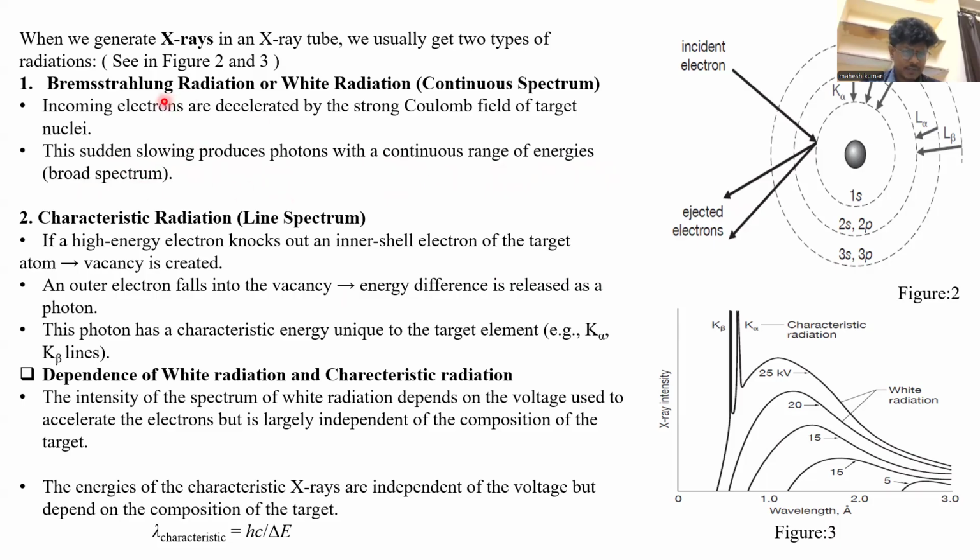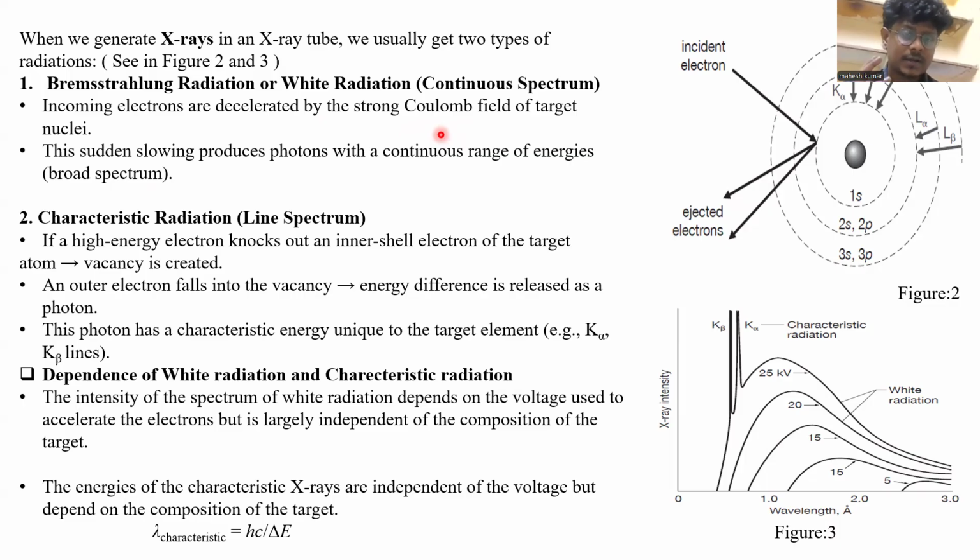Bremsstrahlung radiation is also known as white radiation because it contains almost all types of radiations, like white light. It happens near the anode because the anodic atoms' electronic cloud repulses the cathodic electrons, and as a result slows down the cathode electrons.